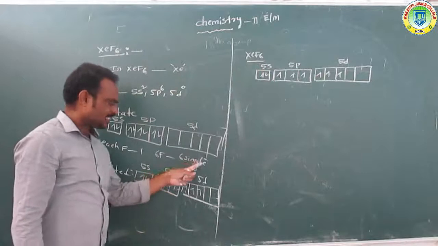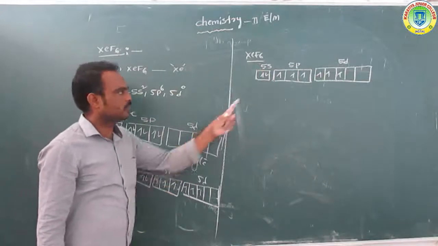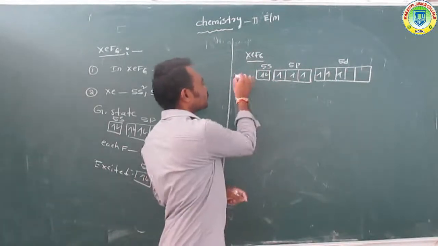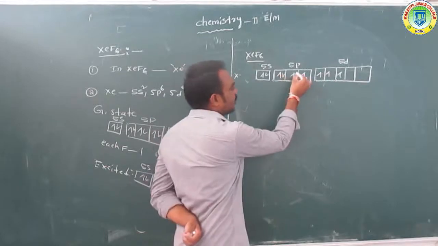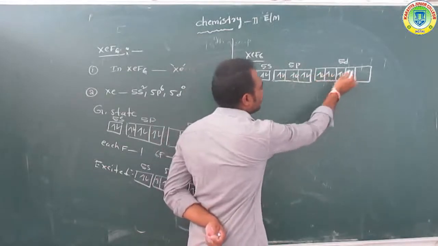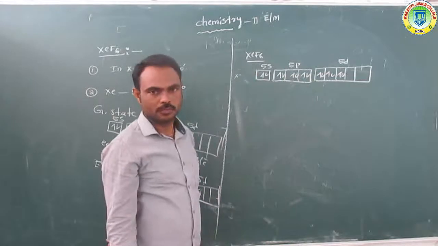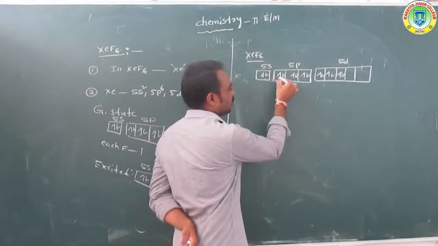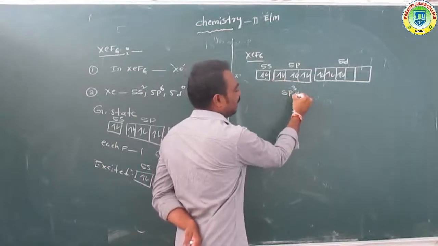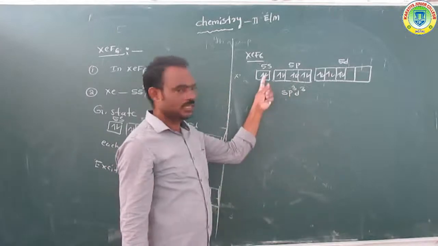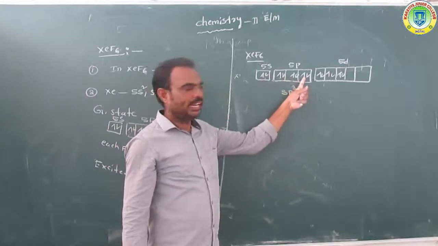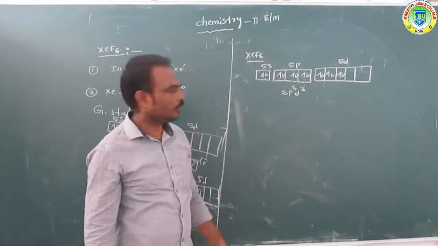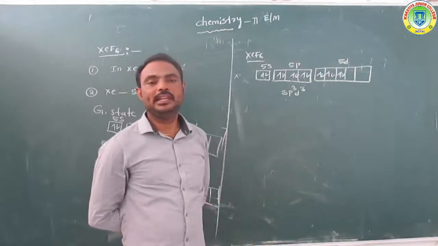Overall, these 6 single electrons of 6 fluorine atoms are bonded with 6 single electrons of the xenon atom, forming bonds. Here it has sp3d3 hybridization. Overall, sp3d3 hybridization.